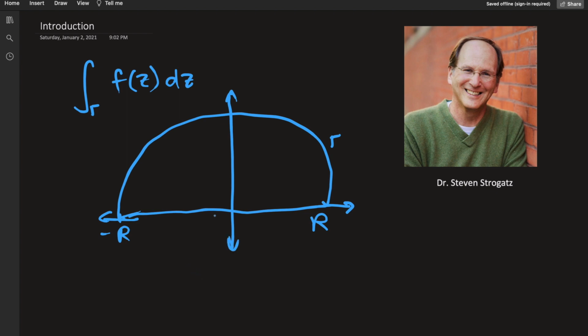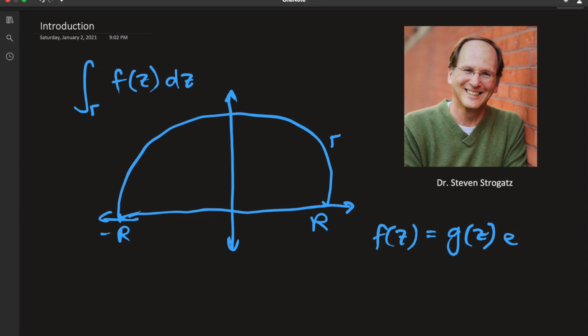So this is the general setup, and f of z can be expressed as a smaller function g of z multiplied with some exponential part, e to the i a z. That's the general layout of the function.